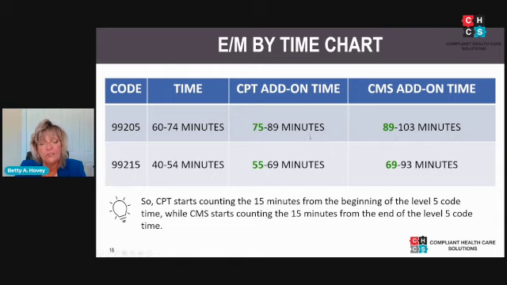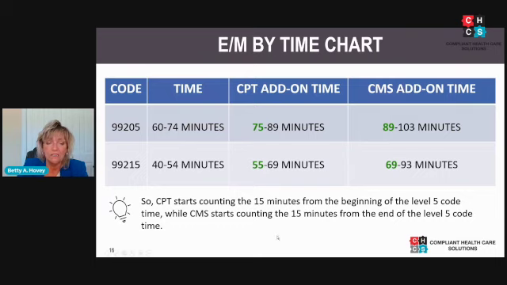So there's a big differential in time between when CPT and CMS say you should be able to add on a prolonged service code. With the 99215, that's 40 to 54 minutes. The AMA says you should be able to use the add-on code at 55 to 69 minutes, where CMS says, no, not until 69 to 93. So this is where the rub is.